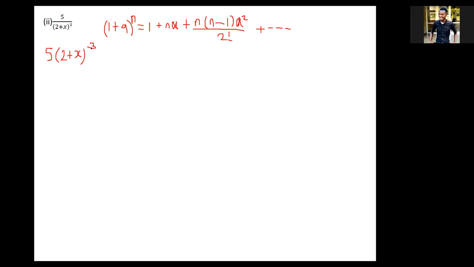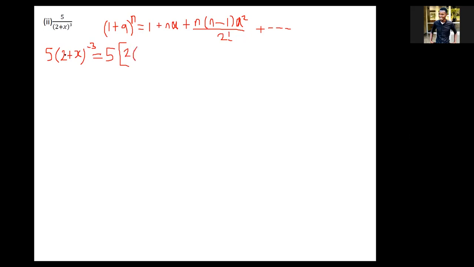For those who were online on Zoom yesterday, we learned how you can change this 2 to become a 1 here. But I will also go through it today for the sake of those that missed yesterday's lesson. So I'll write my 5 there, then I'll open these big brackets. Then I'll factorize the 2 there. I want to remain with 1 there, meaning I'm going to divide this 2 by 2 and then even this x by 2. So I'm going to write this 2 there.